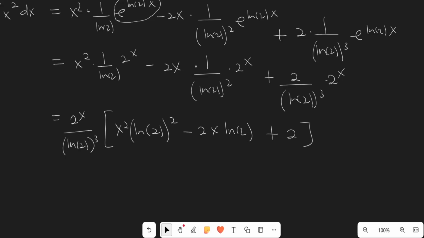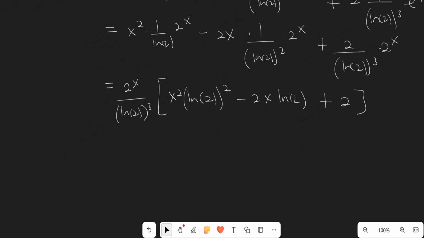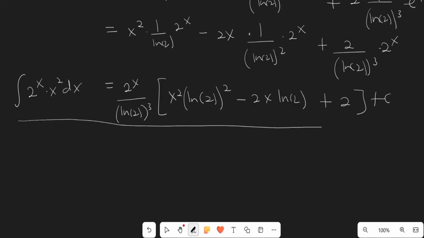So this should be the value of our integral, plus c, and this is the integral of 2 to the x times x squared dx. Yeah, so this is the answer to our integral.